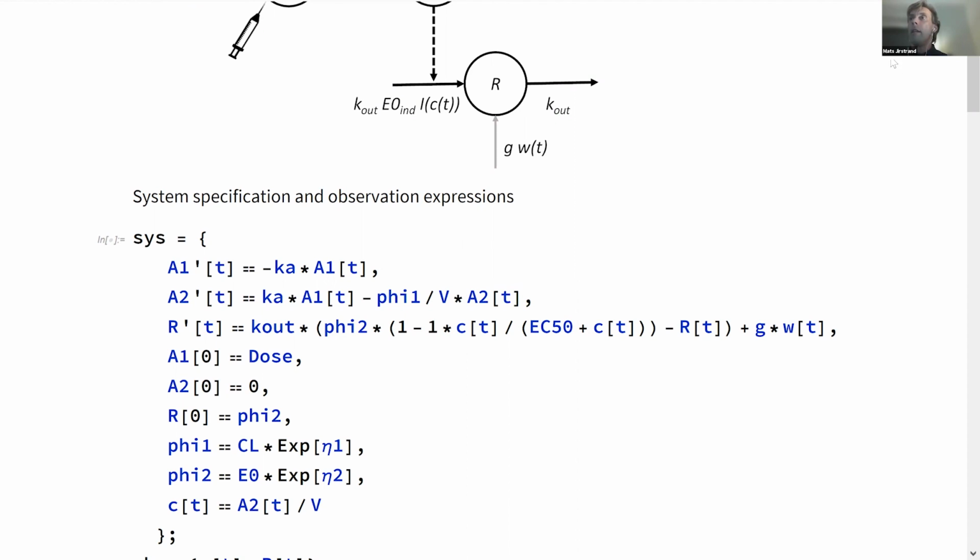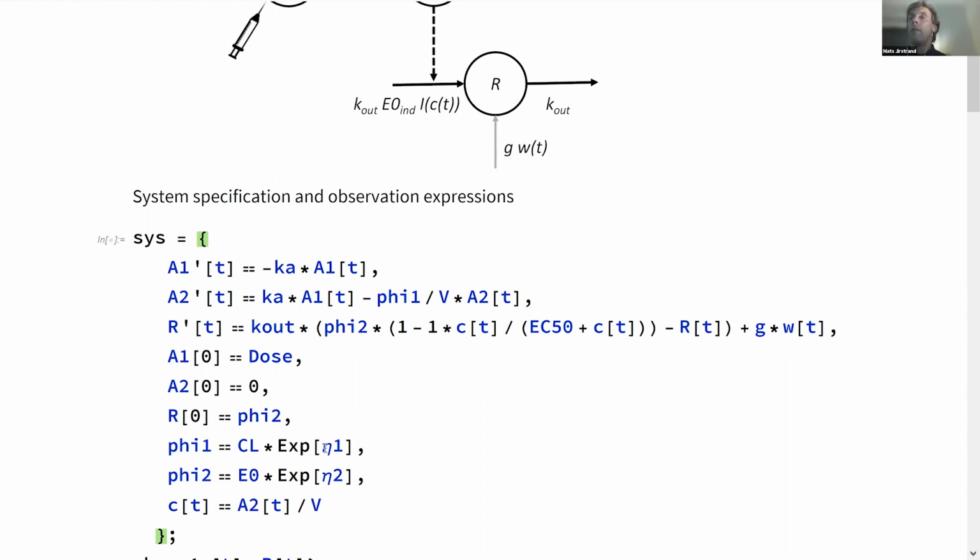And it's stochastic because, although the notation looks a bit like a regular one, the small w here is actually a white Gaussian noise process that, if you integrate it, you get the Wiener process.